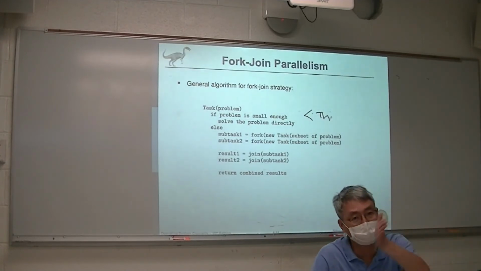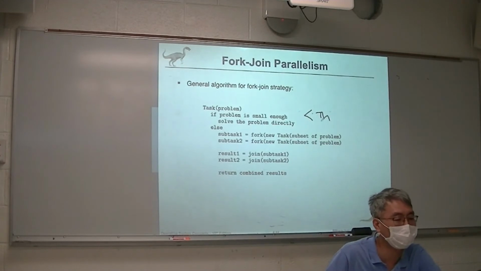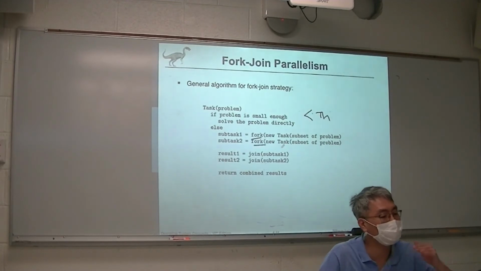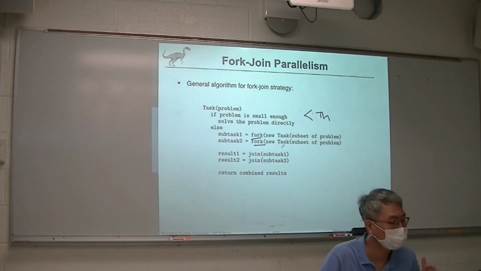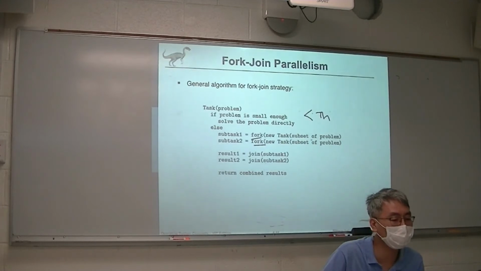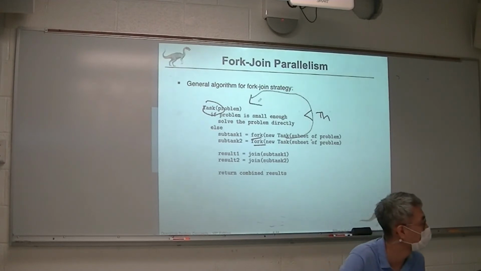Otherwise, it will go on forever. So that is the base condition, the threshold. Otherwise, divide the job into 2. The fork means creating a new task. Then the checker will run the task. This is a task, and this is called the recursive program.